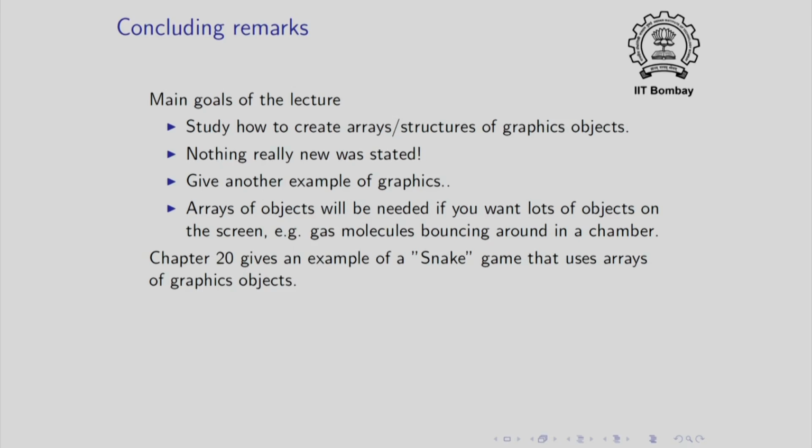And if you want to do that, you will need arrays of molecules. Maybe you will represent molecules by circles, and then you will move them around. I should also note that chapter 20 of the book gives an example of a snake game that uses arrays of graphics objects.